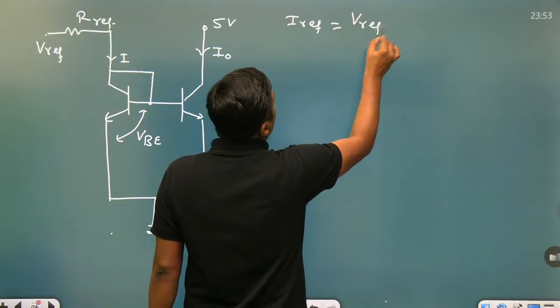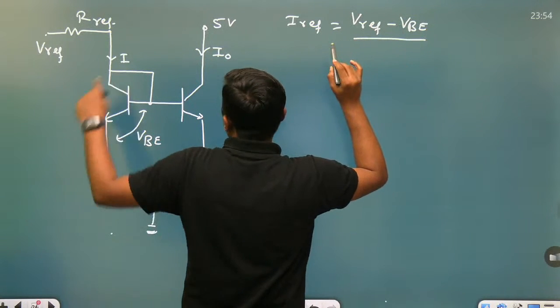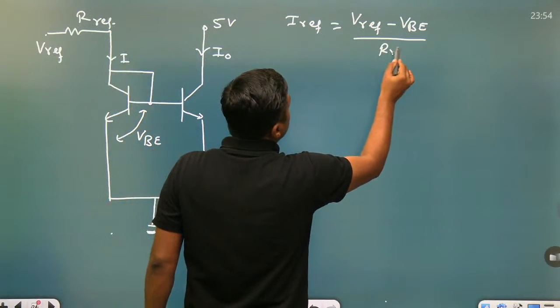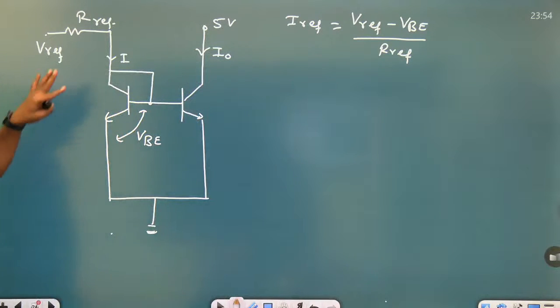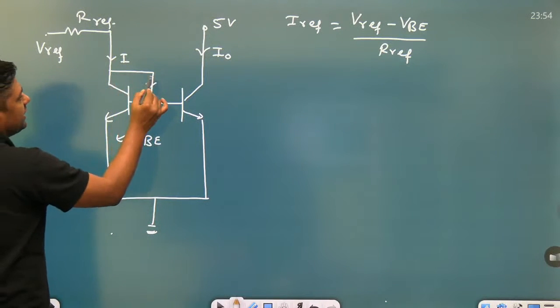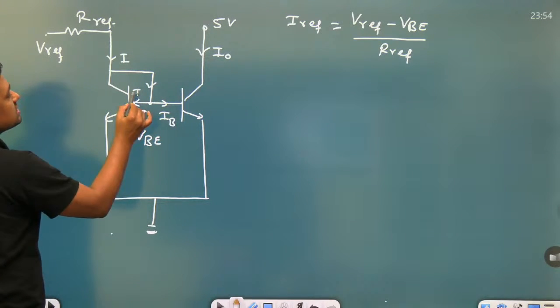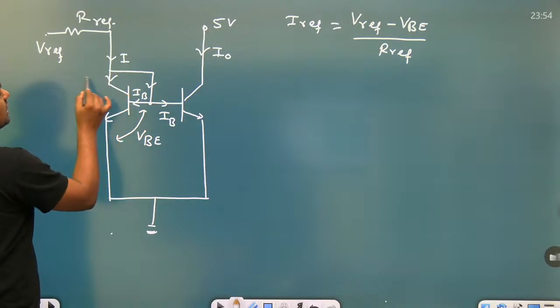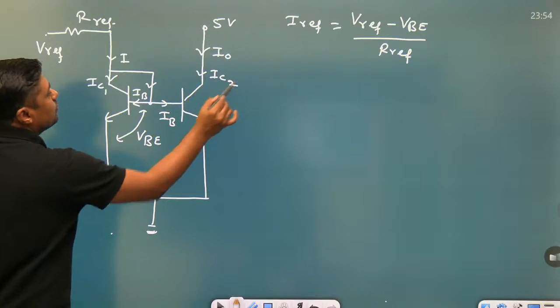V reference minus VB upon R reference. Now, second, since this current is divided into two parts, this is the IB, these two transistors are identical, this is the IB. And what is the current here? IC1. What is the current here? IC2.